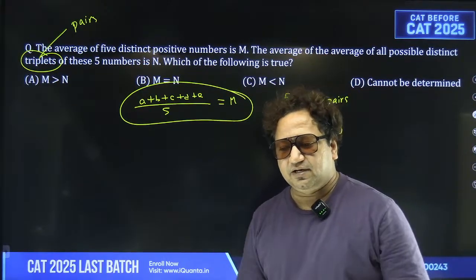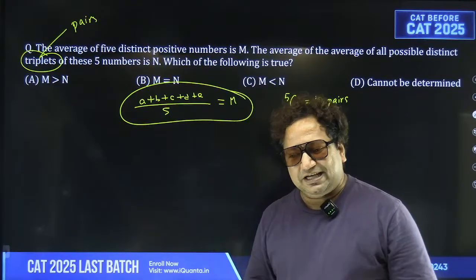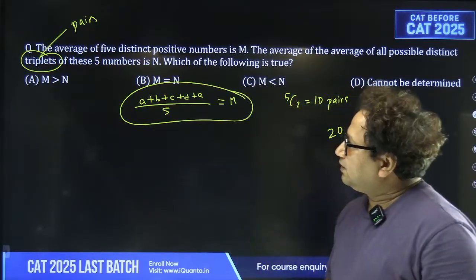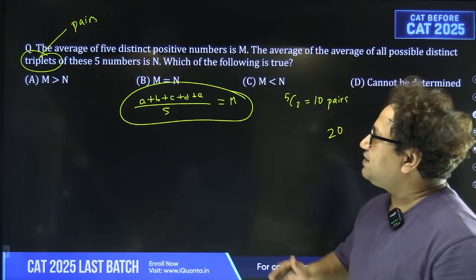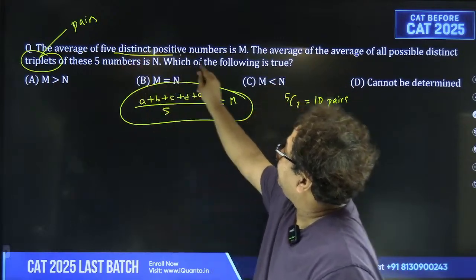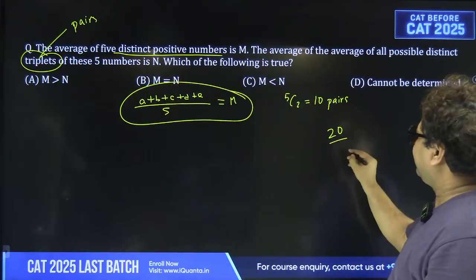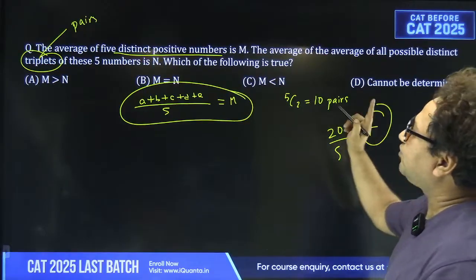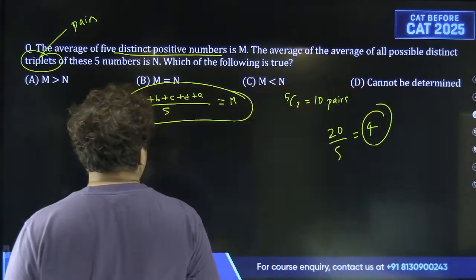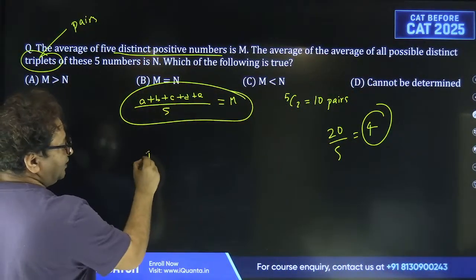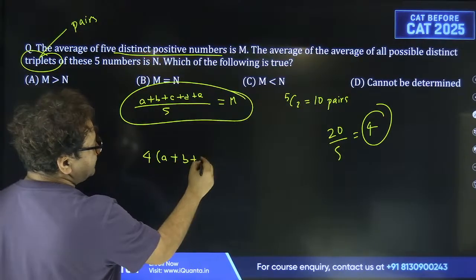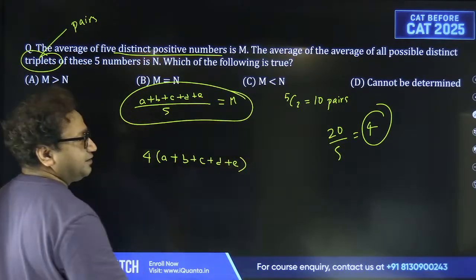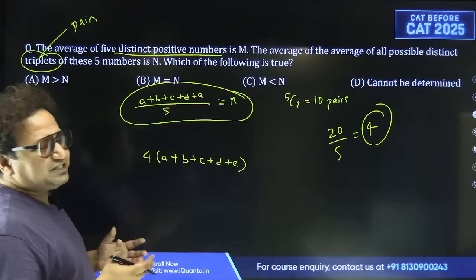And these 20 terms would be equally distributed among 5 distinct positive numbers. That means everyone will come 4 times. 4 is the frequency of all these terms, which means if I want to calculate the value of n, it is 4 times a plus b plus c plus d plus e, and the average will be upon 2, not upon 3.